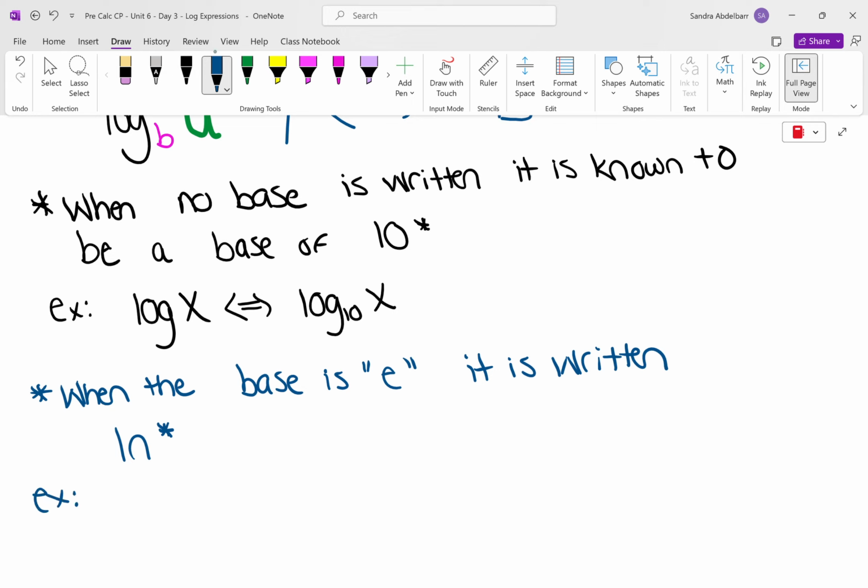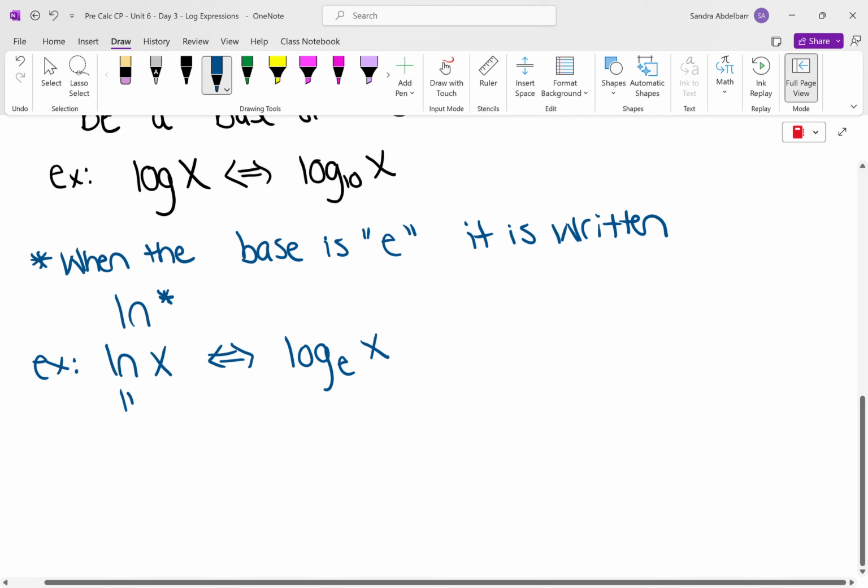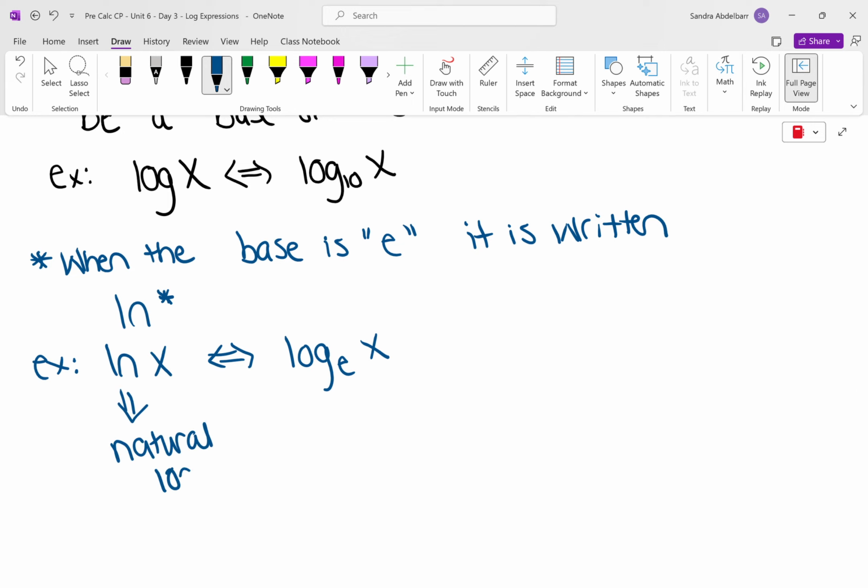So an example would be ln of x is considered log base e of x. And ln, the name of it is called the natural log. So anytime you see ln, it's called the natural log.